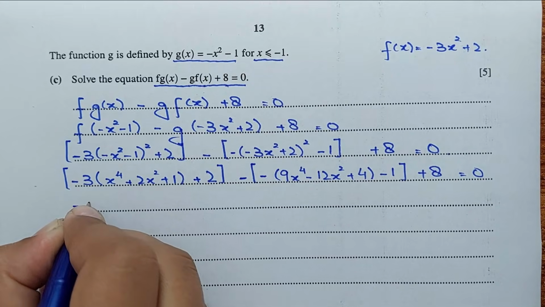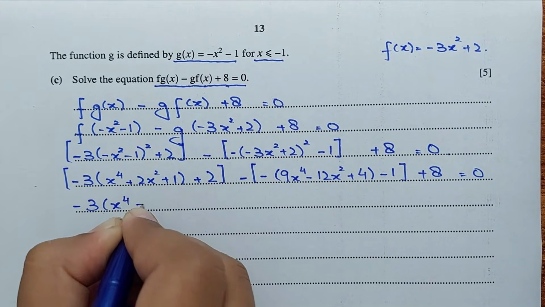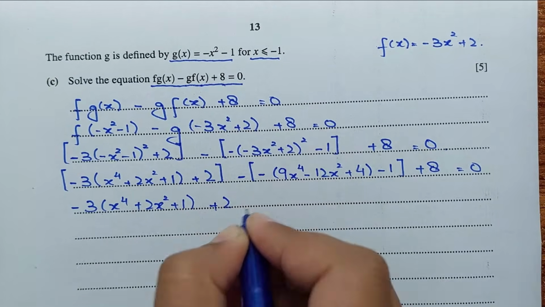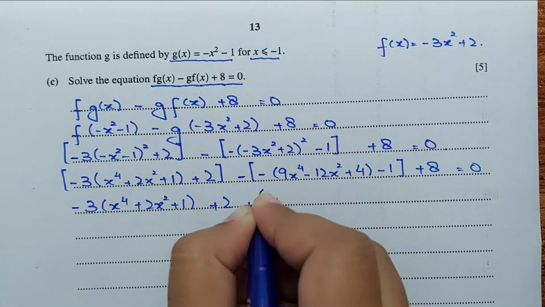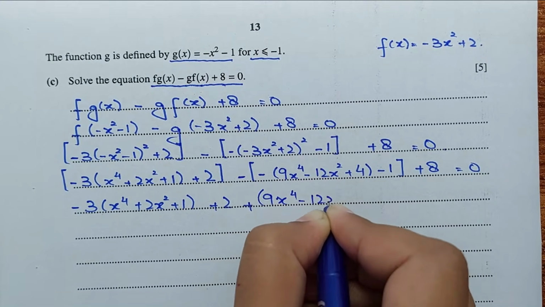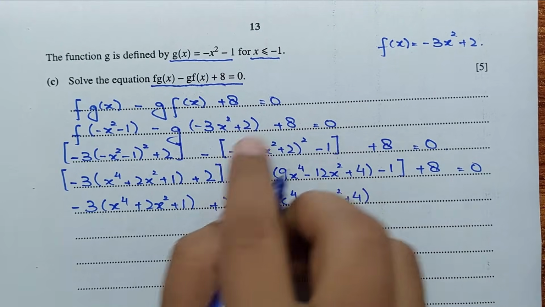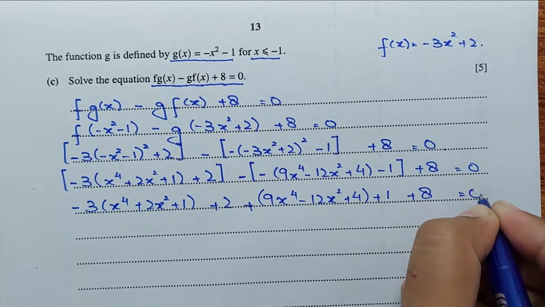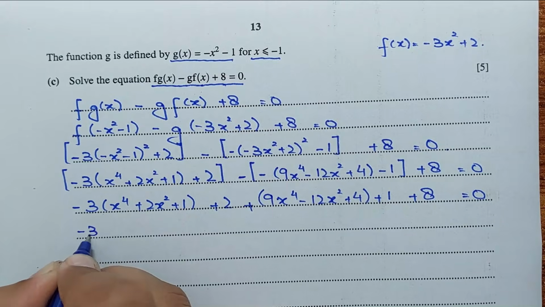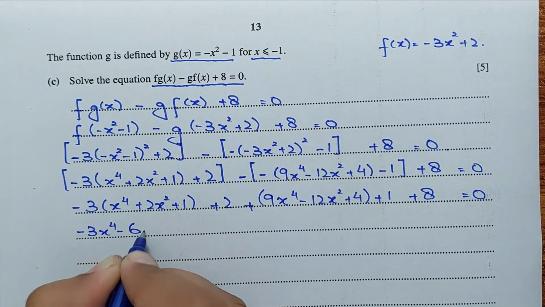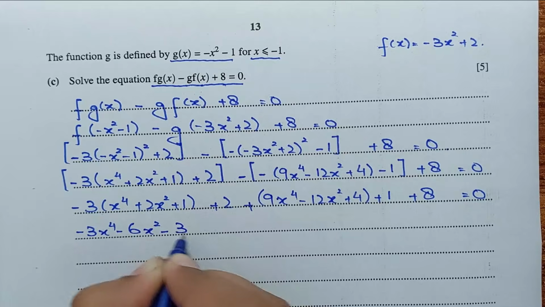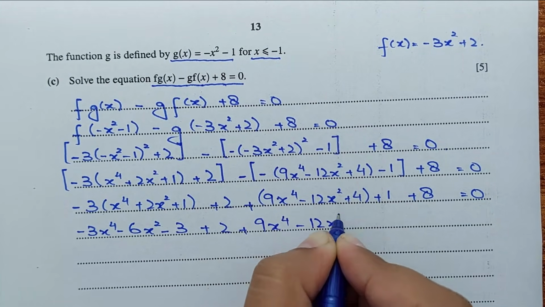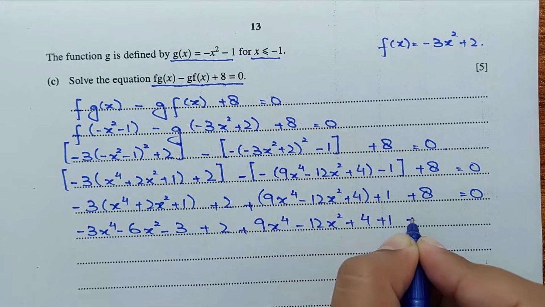Further simplify, minus 3 is multiplying with x to the power 4 plus 2x square plus 1, and plus 2. So negative times negative is positive: 9x to the power 4 minus 12x square plus 4, and this negative with negative is positive 1, and plus 8 equals 0. Simplify this: minus 3x to the power 4, minus 3 times 2 is 6x square, minus 3, plus 2, plus 9x to the power 4 minus 12x square plus 4 plus 1 plus 8.